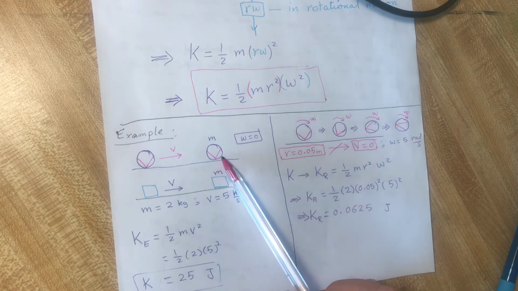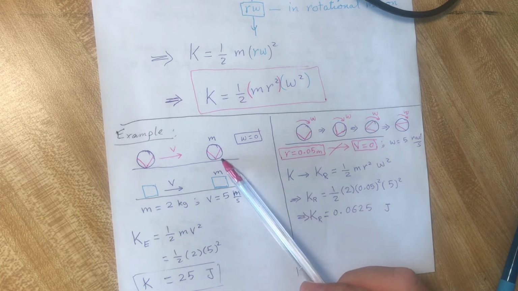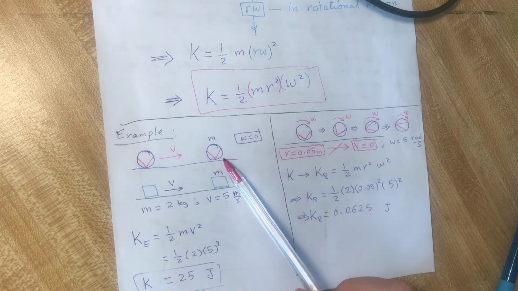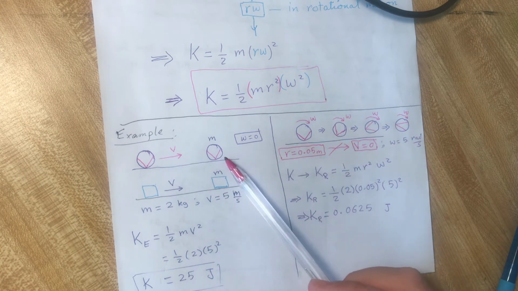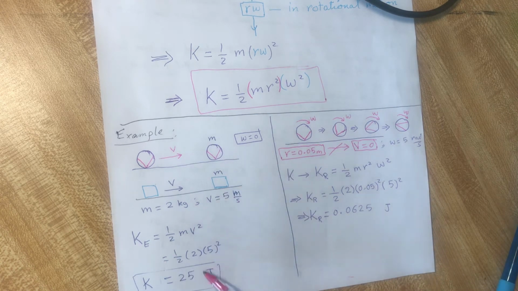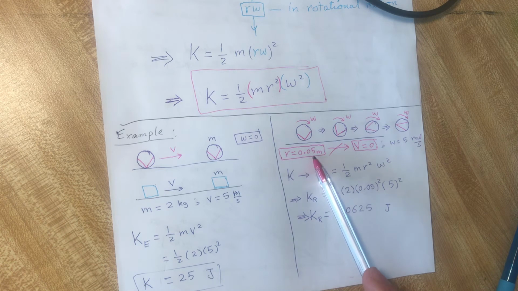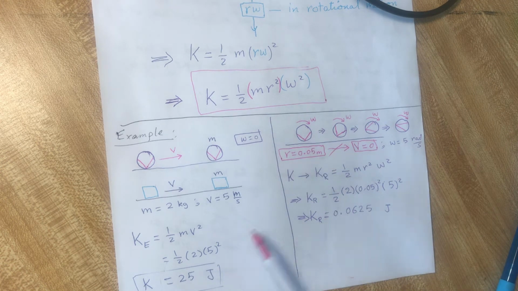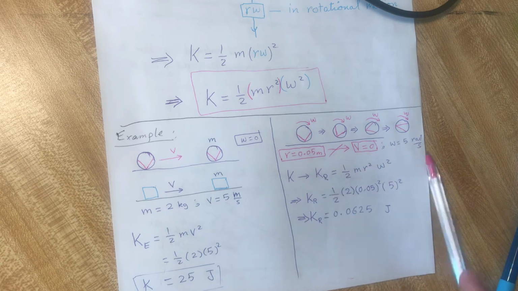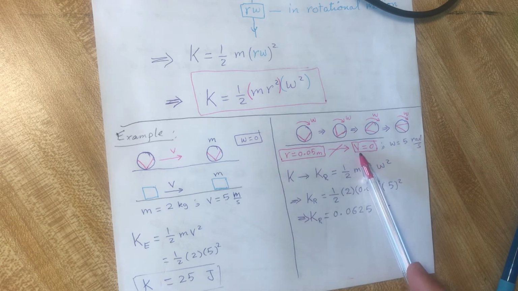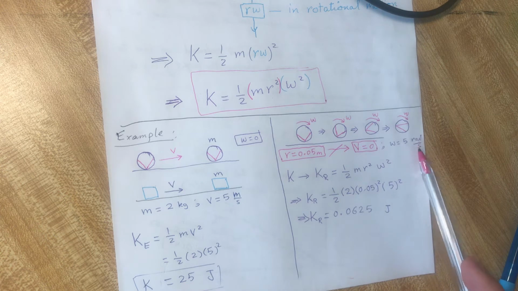Even if our body is a ball or a wheel, we don't need to know the radius because we don't have any radius in our equations here. But for kinetic energy in rotational motion, we need to know that radius. Also we need to know the omega. If the radius is 5 centimeters, which is 0.05 meters, and the linear velocity is 0, the rotational velocity is 5 radians per second.